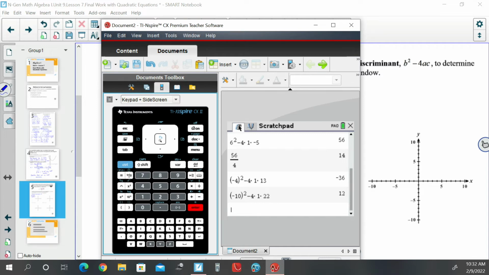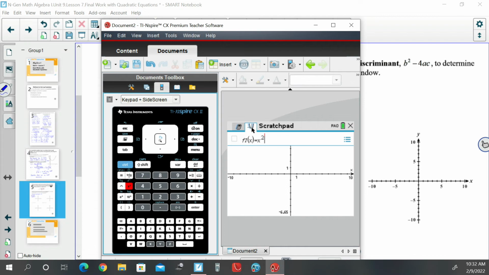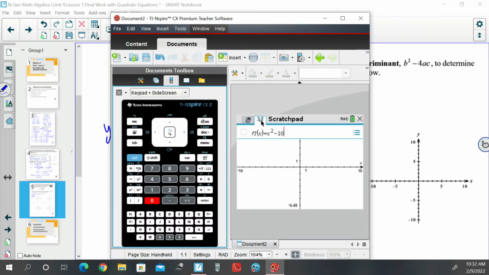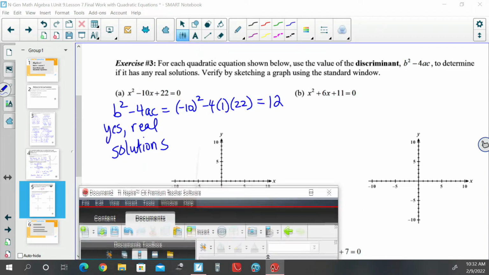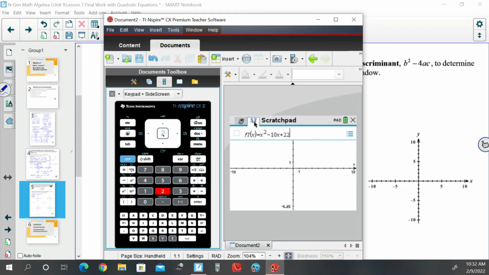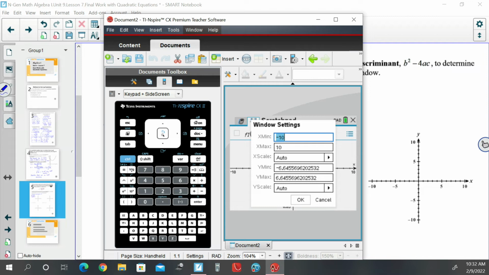Let me go over here to my graph. I'm going to have x squared minus 10x plus 22. I want this in the standard window, which is negative 10 to 10, negative 10 to 10. So I'm going to go into my window settings. Those are good.